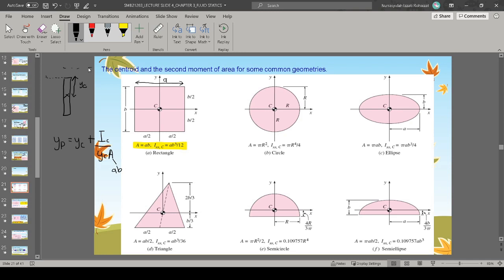If your water is somewhere higher, your YC will be measured until the surface of the water. Okay, if your surface is circular, you will use this formula. Depending on the shape given in the problem, you will use the suitable moment of inertia formula and area.